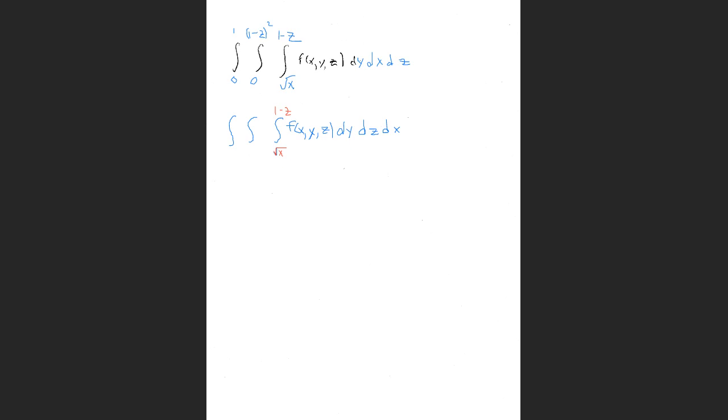So we would be going from z equals 0 to z equals 1 minus the square root of x. And then we'd be going from x equals 0 to 1.